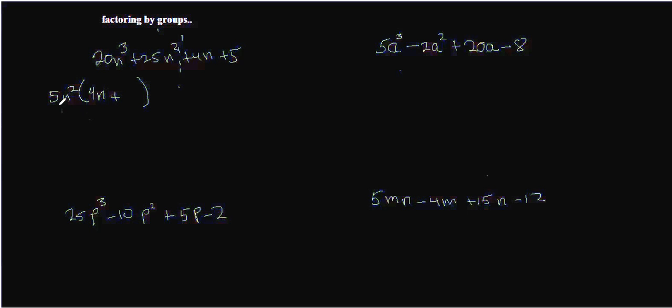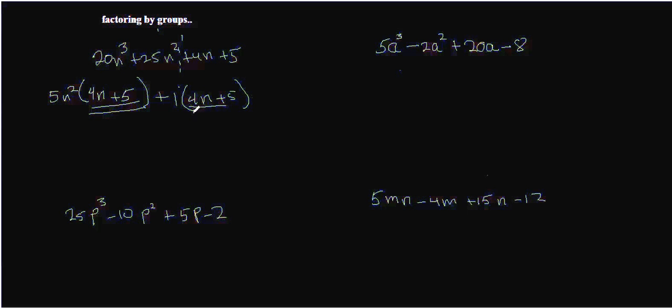Plus, now 5 times 5 will give me 25, so I need a 5 there, and then the n squared would go there if I were to multiply, so I don't need to add anything. And on the right side, I have a 4n plus 5 already. All they have in common is a 1, so I'm going to put a 1 outside as a placeholder and write what's left, which is 4n plus 5.